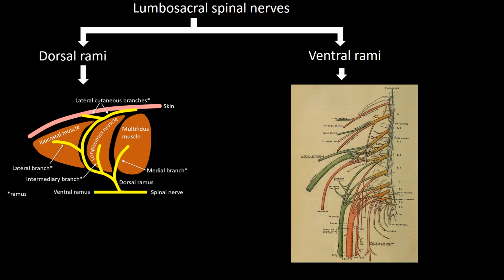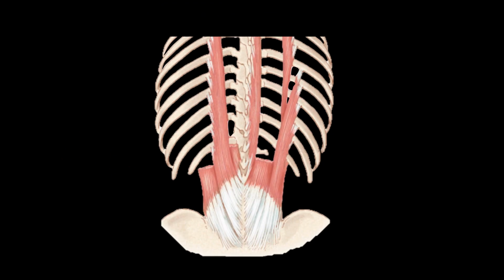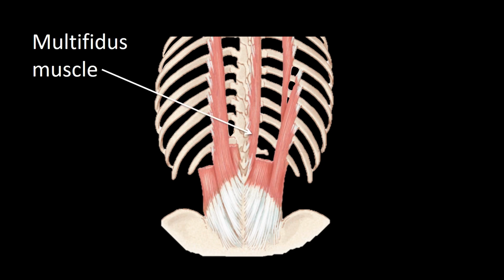So far you have seen this figure. This is a horizontal transverse cut of the lower torso showing the dorsal rami innervated muscles and the cutaneous innervation of the same region. In this frame, you can see a vertical illustration of the same muscles. The multifidus muscle here is uncut, here is cut.